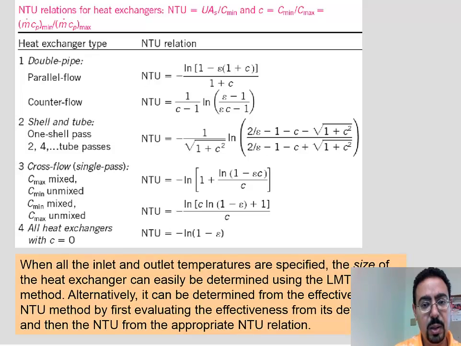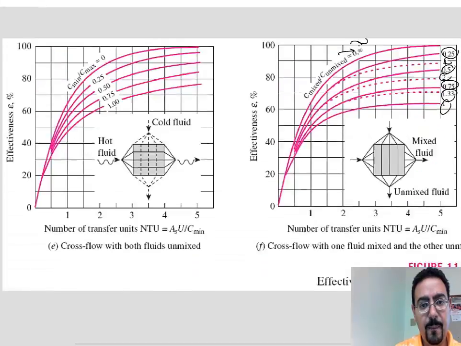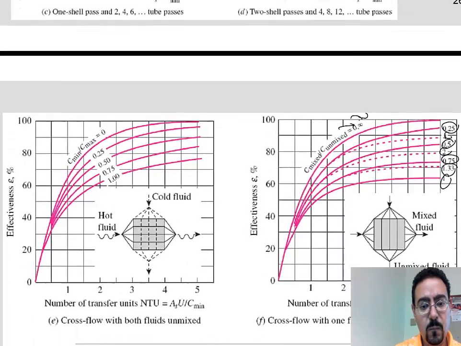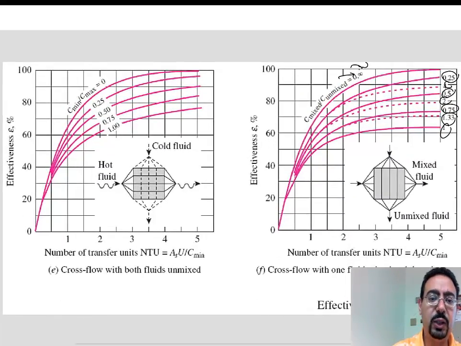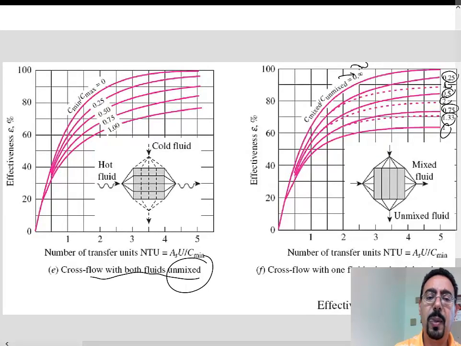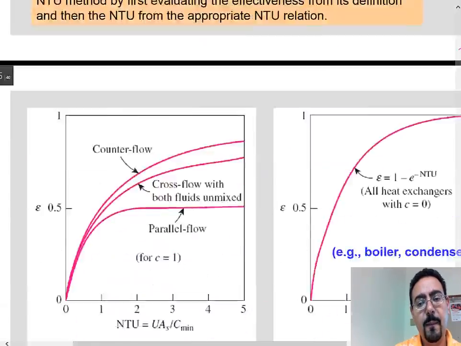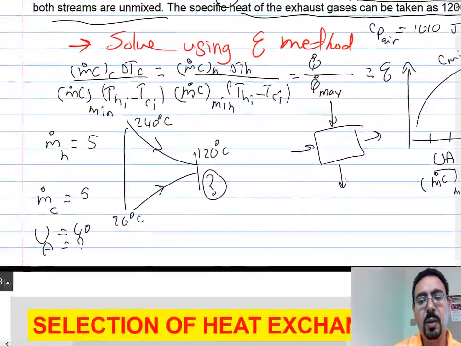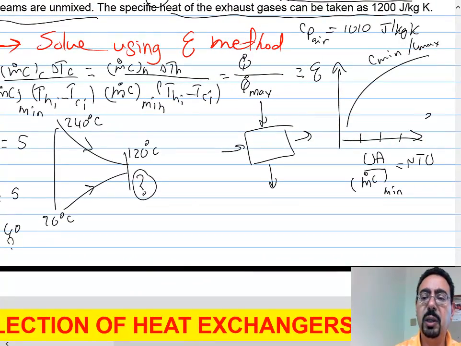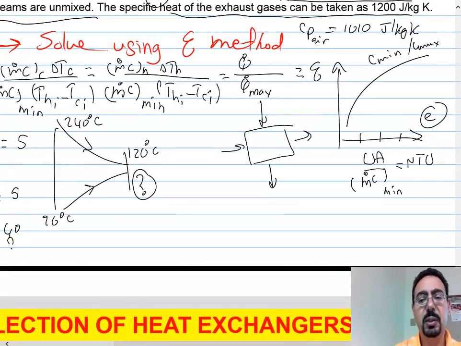Okay. So the chart will be this one, cross flow with both fluids unmixed. Alright? So this is the one that we are going to use. So chart number E. Okay, so we are going to use chart number E because both fluids were unmixed.